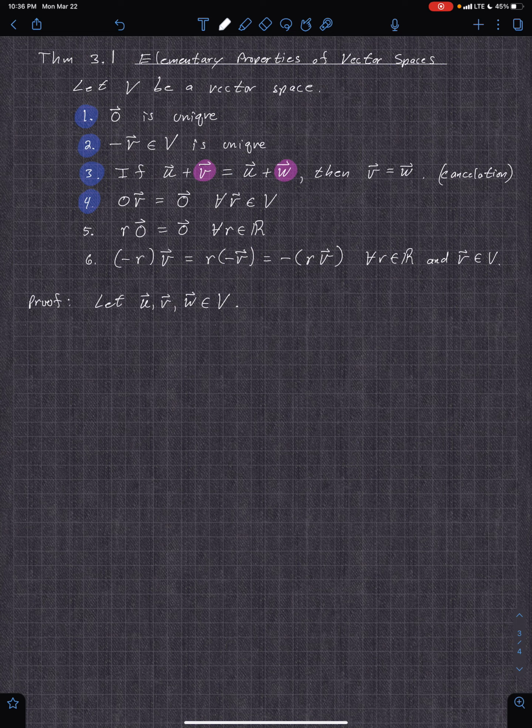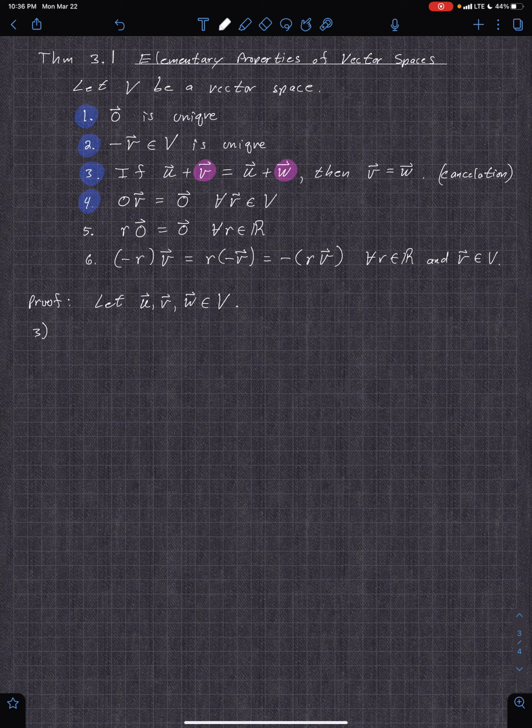So we're going to do 3. It's an if-then statement. So if this is true, then V has to be W. So we're going to assume this is true and then show that V must equal W.